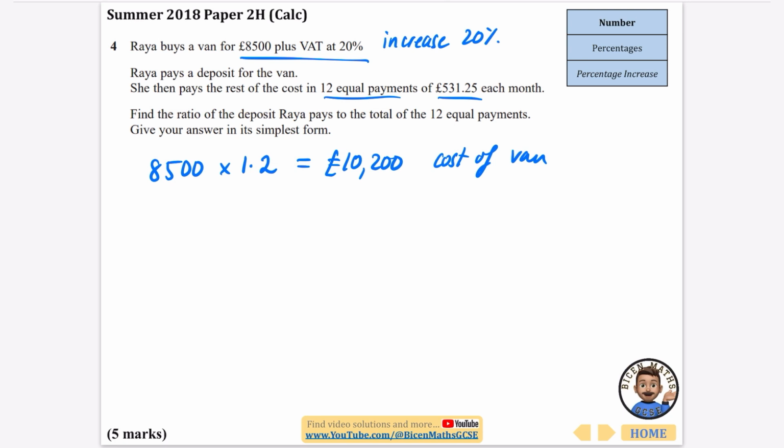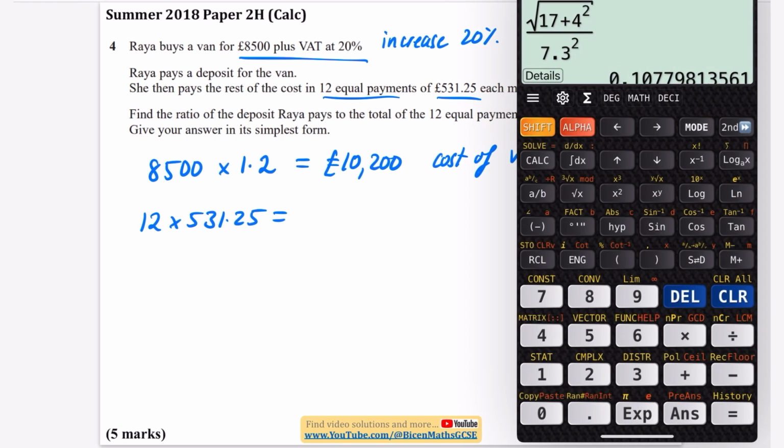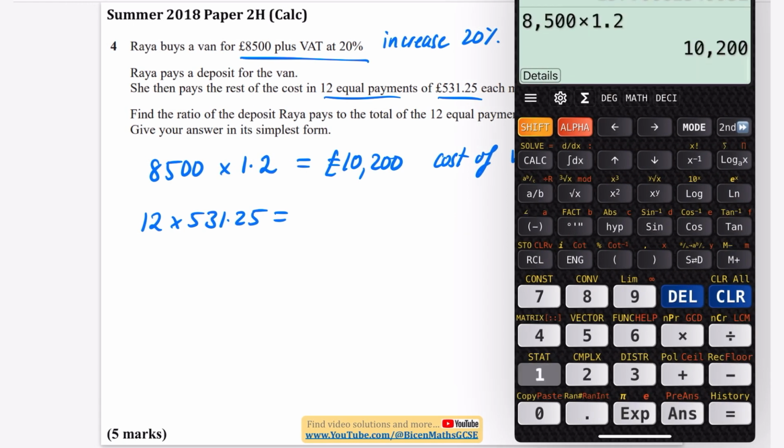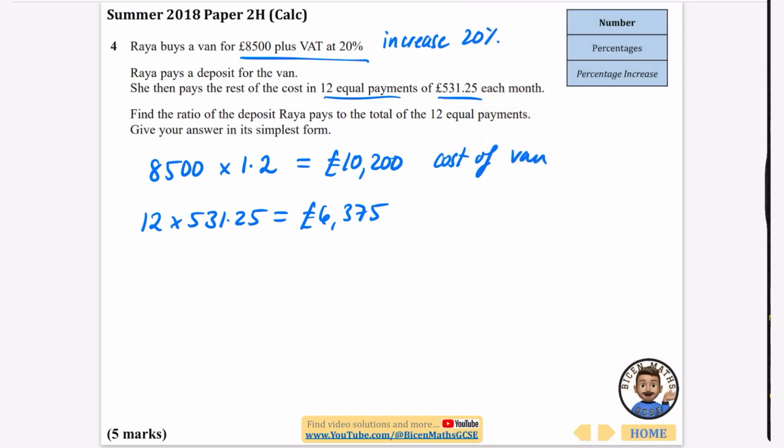Okay, well, let's see what's happening. If she's paying 12 equal payments of this, I think we should work out what that cost is going to be. So 12 times 531.25, we'll get that on the calculator, and that's how much she's paying for the rest of it. So 12 times 531.25 is £6,375. So this is the amount that comes from the payments.